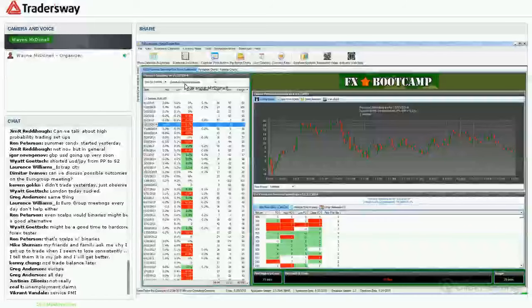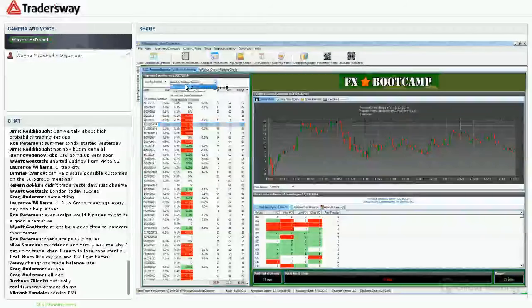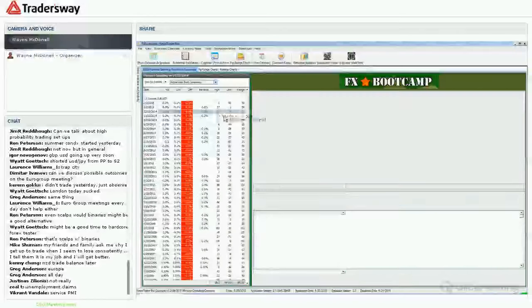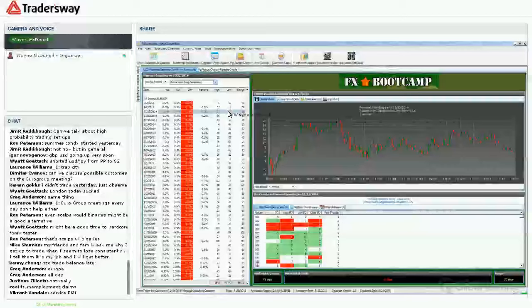Let's look at only days that are worse than expected. And over the last year, if it's a miss, the market tends to go up.